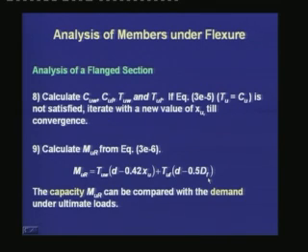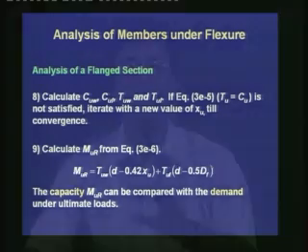Once we have calculated Mu r, this capacity can be compared with the demand under ultimate loads. That is the objective of analysis, that finally we are calculating the ultimate moment capacity, which we compare with the moment demand under the factored loads.